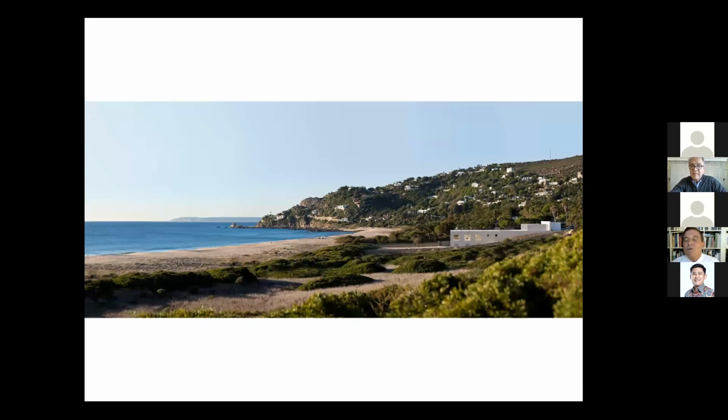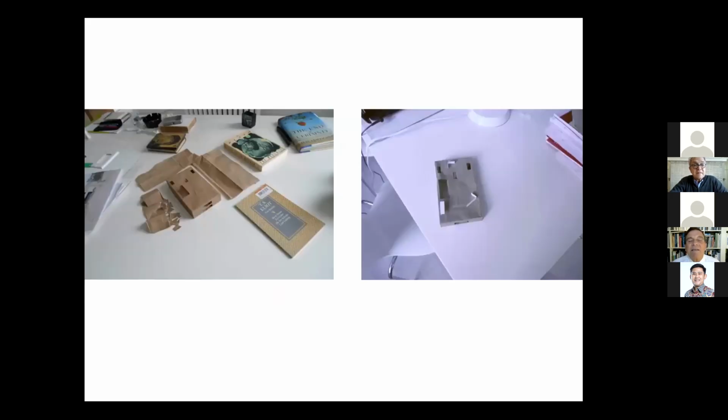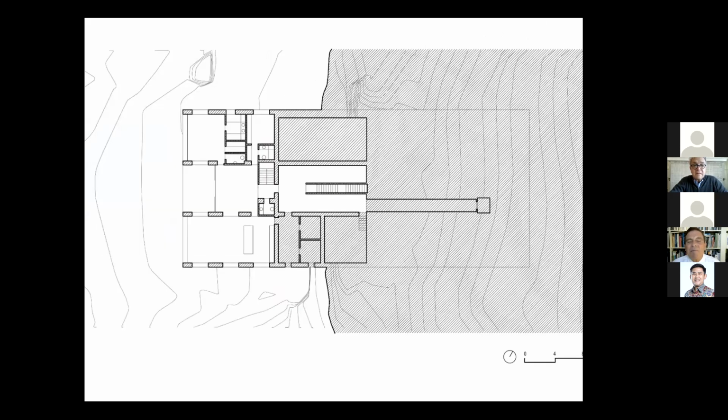And this house on the first line on the beach in Tarifa, Cádiz, in front of Africa, is like this one. The house is made in sand with travertine, and models, plans. Plans are not important because it's very simple.